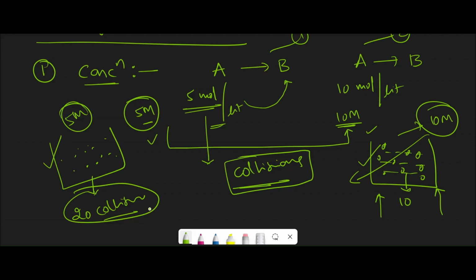Once the number of collisions increases, the rate of formation of product also increases. The same result can be observed by decreasing the concentration: the number of collisions obviously decreases.